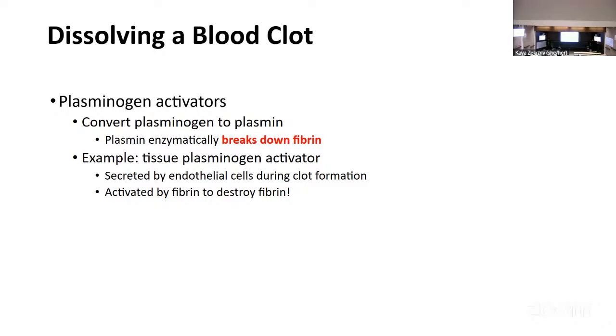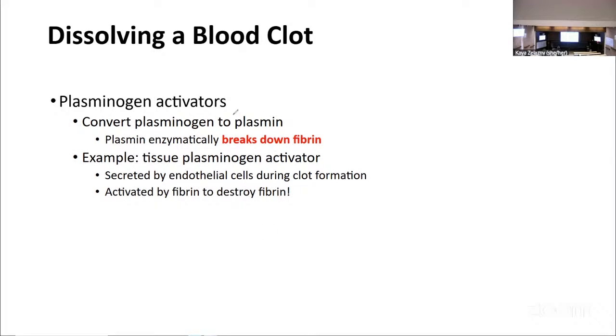Because this is a temporary measure. So in order to break down our fibrin clot, the thing that we're going to use is called plasmin. Okay, so plasmin is going to work as an enzyme to break down fibrin, right? So it's another protein from your bloodstream.